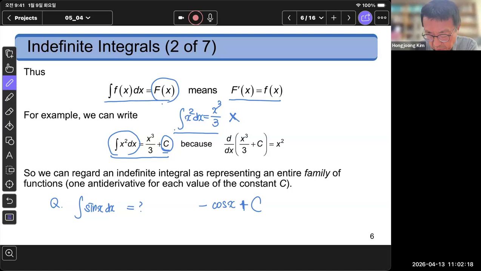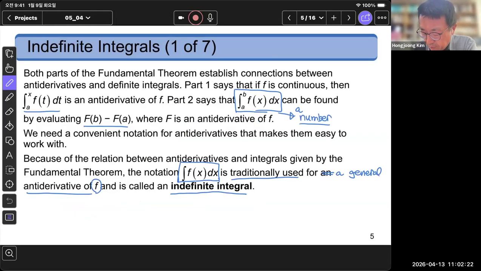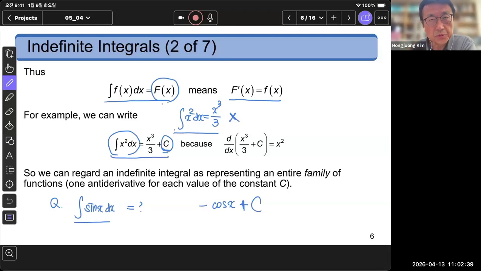Okay, so this antiderivative. In this slide, this notation is used for the most general antiderivative of f, and that is called an indefinite integral. So you must put c after any antiderivative.